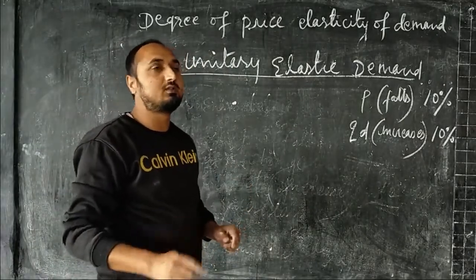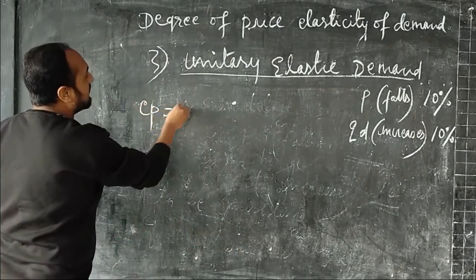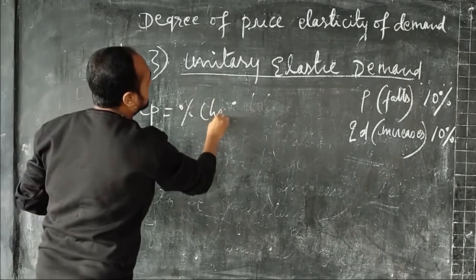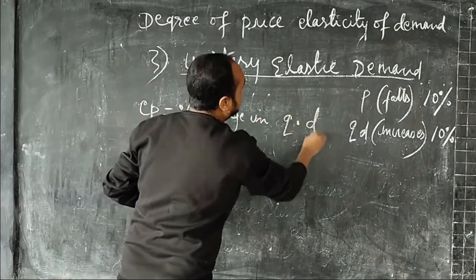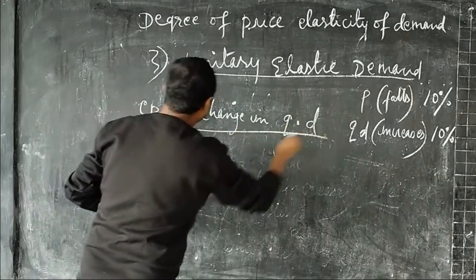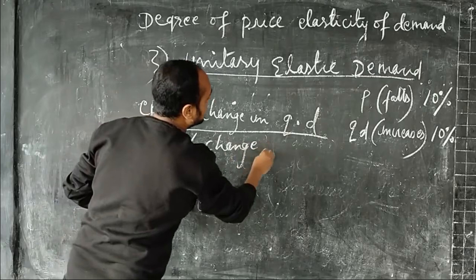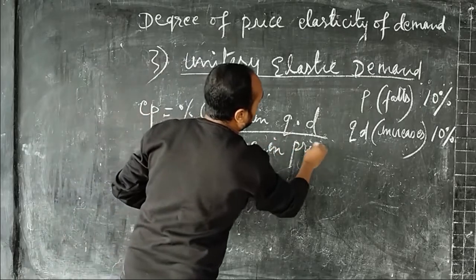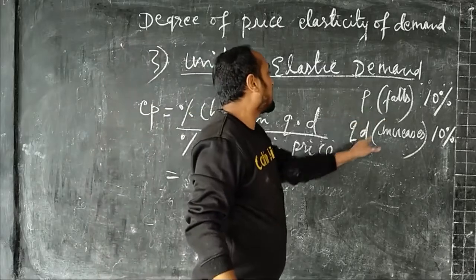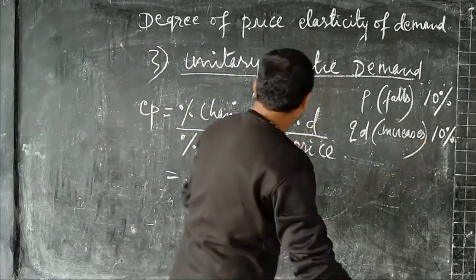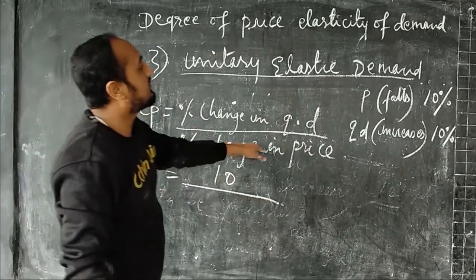Now we can prove this with the help of mathematical formula. We know that E equals percentage change in quantity demand divided by percentage change in price. So from our given example, the percentage change in quantity demand is 10. So put 10 divided by percentage change in price.